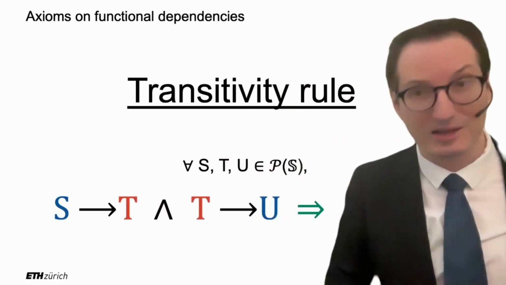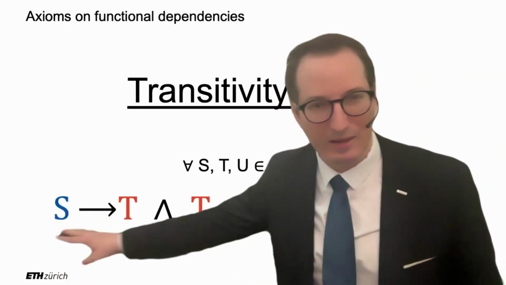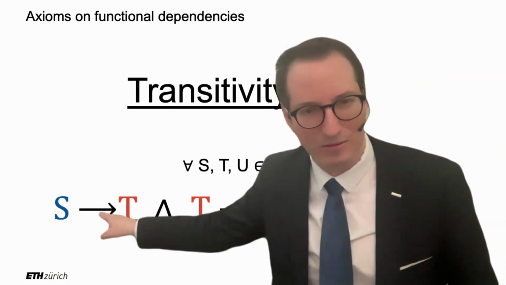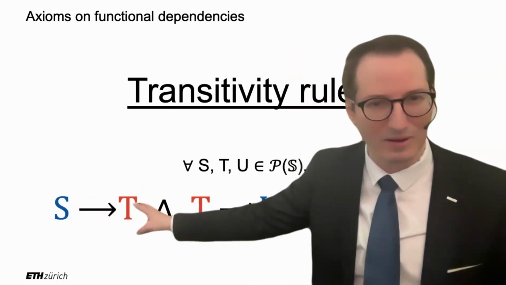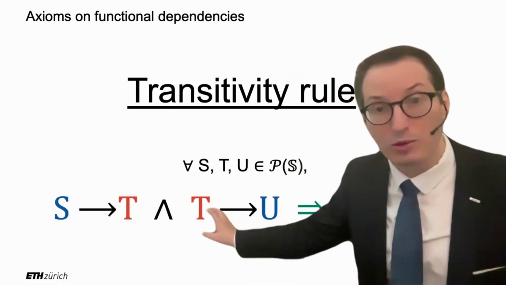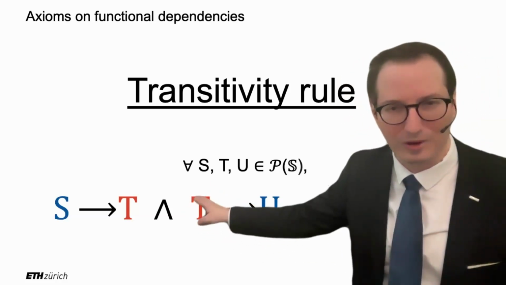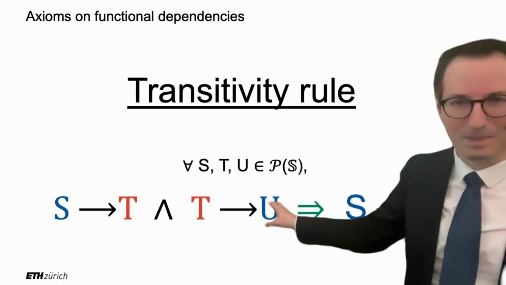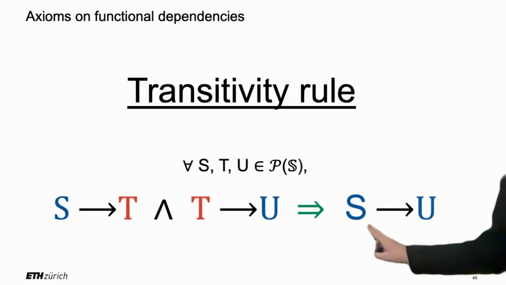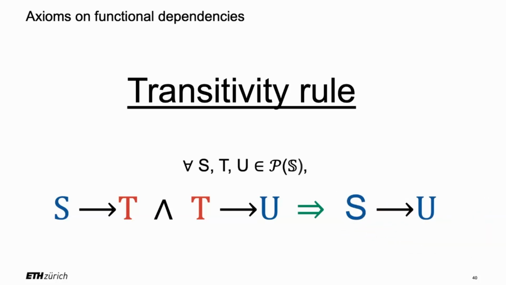What the rule tells me is that if the attributes in S functionally determine the attributes in T, so if you know everything in S, then you know everything in T, and if T also functionally determines U, meaning that if you know all the values for the attributes in T, then you know all the values for the attributes in U, then you can conclude that if you know all the attributes in S, you also know all of the attributes in U. That is called the transitivity rule.